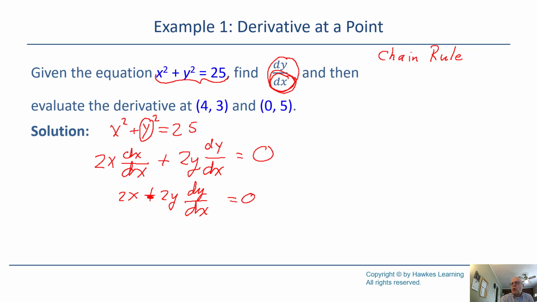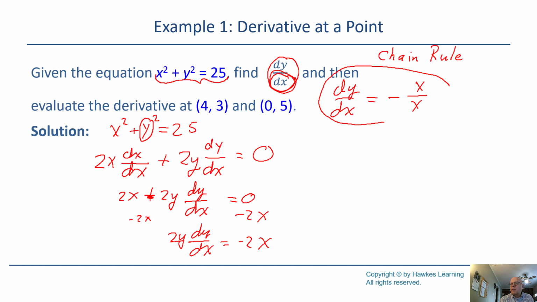Next, we want dy/dx, so we'll subtract 2x from both sides, and we'll have 2y dy/dx equals minus 2x. Just like an ordinary equation, divide both sides by 2y, and now we'll have dy/dx equals, and you'll have a 2 on the top and the bottom, so you end up with minus x over y.